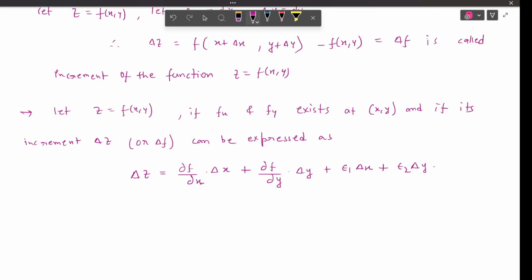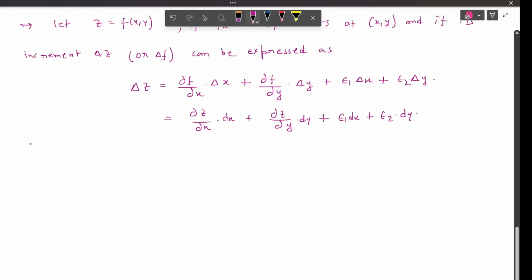This in turn we can say is del z upon del x into dx plus del z upon del y into dy plus epsilon 1 dx plus epsilon 2 dy.